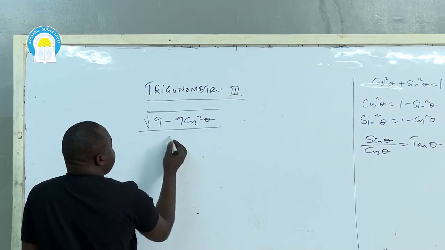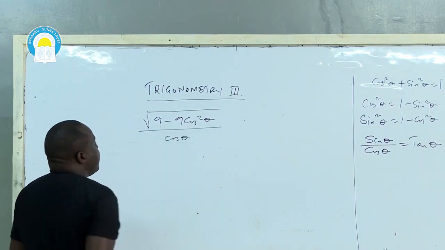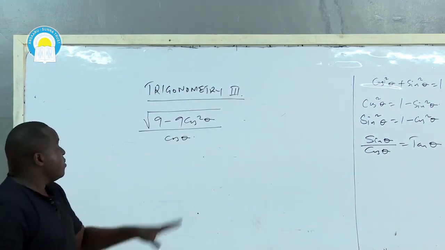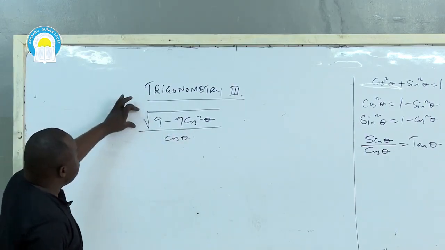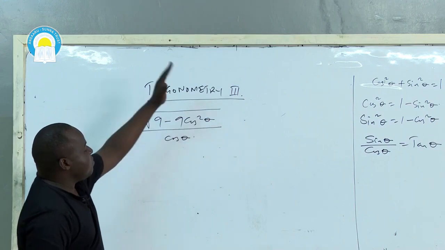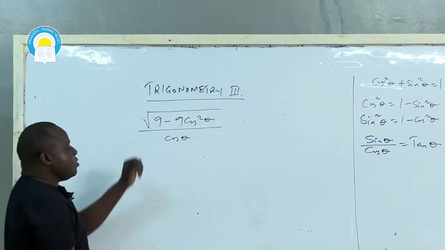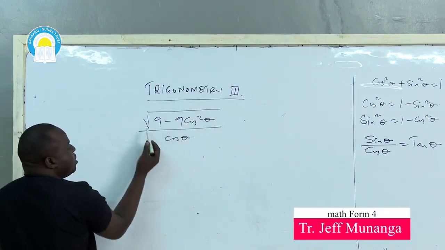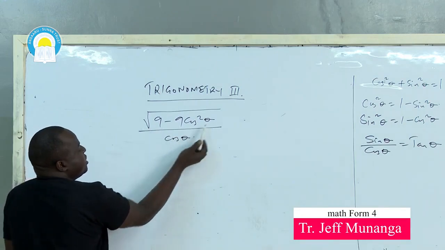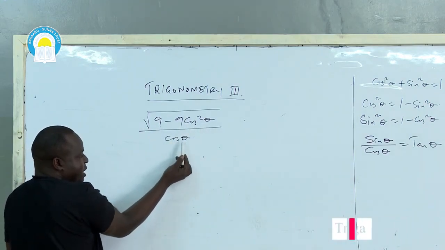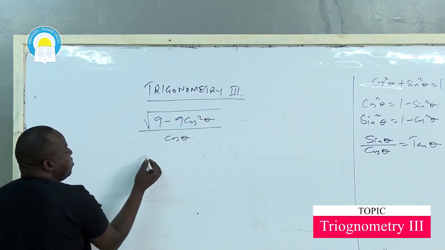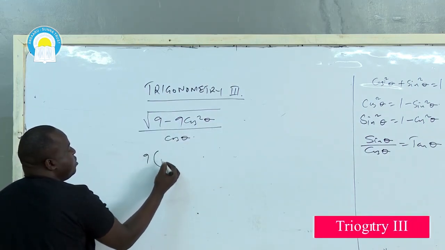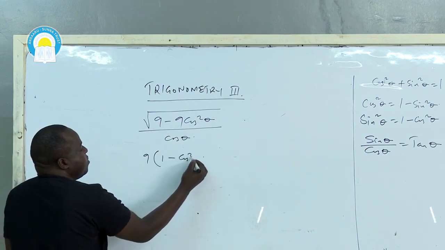over cos theta. Okay, the difference is, for this question, I can see there is a denominator, which adds on to a concept I've already explained. Looking at the question, most calculations should be in the numerator because I don't see anything to simplify in the denominator. So I focus on the numerator, and this numerator will be the same as 9 into 1 minus cos squared theta.